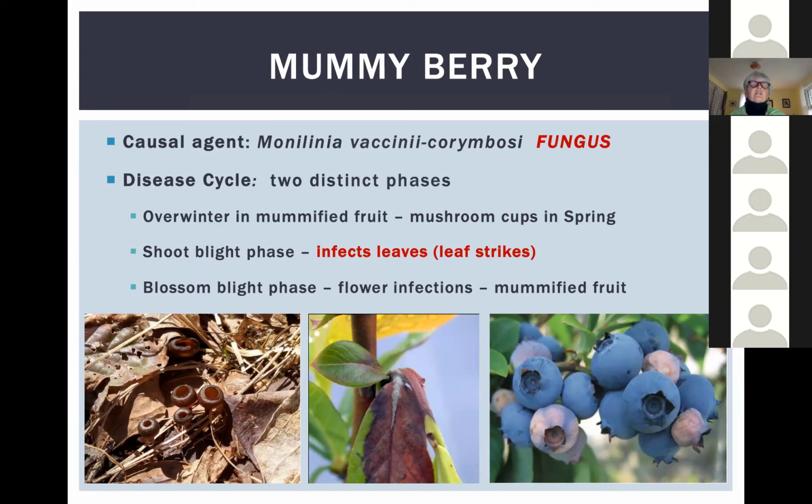The disease cycle is interesting because it's a little more complex than some other things that we know about, in that it has two distinct phases. The overwintering inoculum carries over from one year to the next on mummified fruit that has fallen to the ground, and in the spring will develop these mushroom cups called apothecia that release spores, and the spores then land on the green leaf tissue for the first phase of the disease, the shoot blight phase.